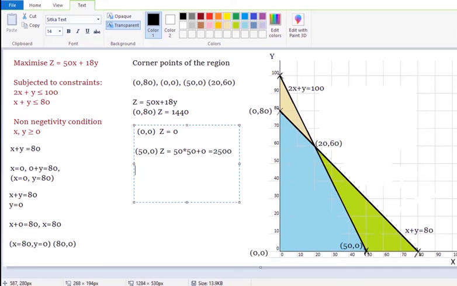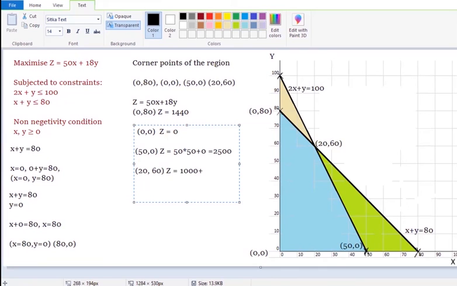Now the last point is 20, 60. What is the value for 20, 60? For 20, 60, z equal to 50 into 20, which is 1000, plus 60 into 18. What is 60 into 18?